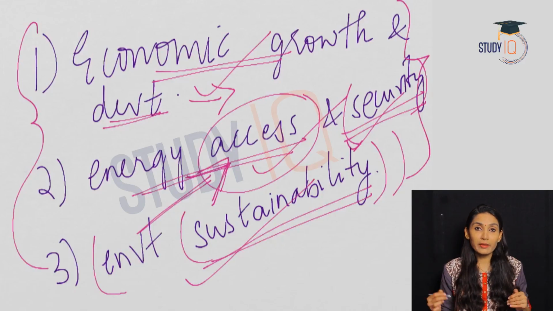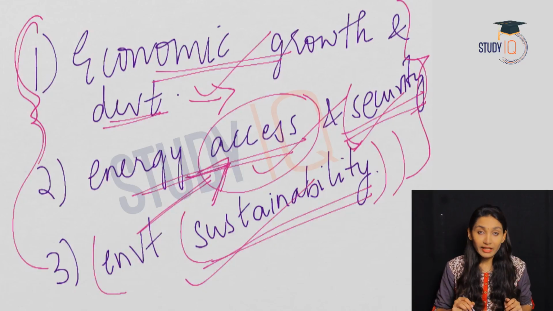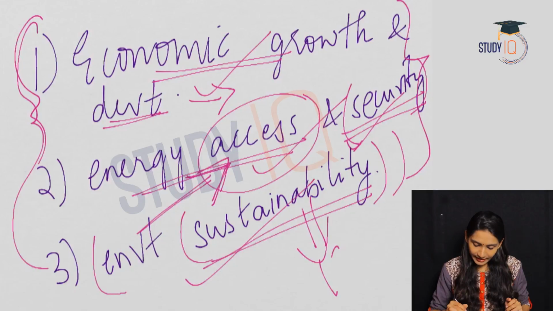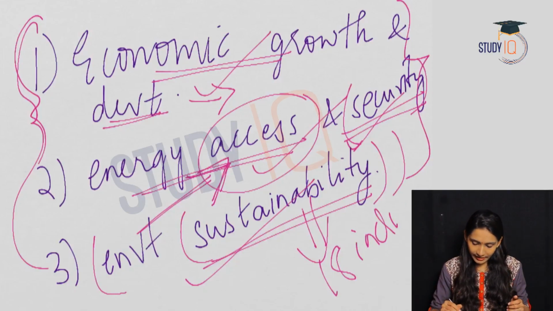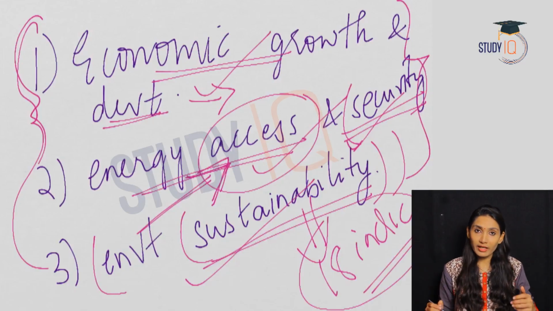These 3 core dimensions are used in the evaluation of this report. And as we said, based on these 3 core dimensions, 18 indicators are developed by the WEF in order to prepare this index. So 18 indicators based on 3 core dimensions, or what we call the 3 sides of the energy triangle.